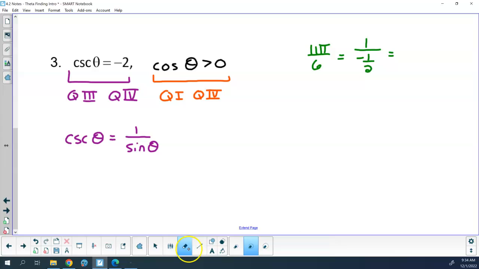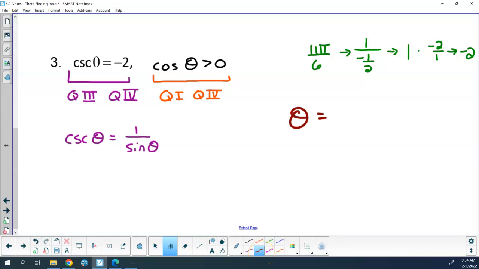I should use equal signs, because 11 pi over 6 is equal to that. So that is theta here.